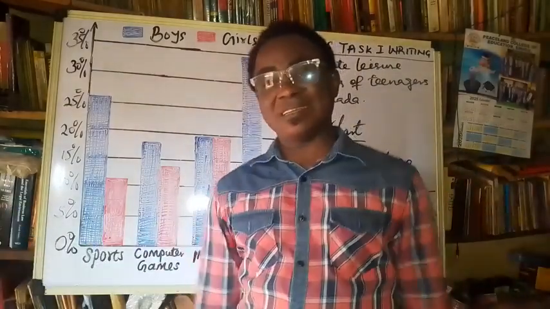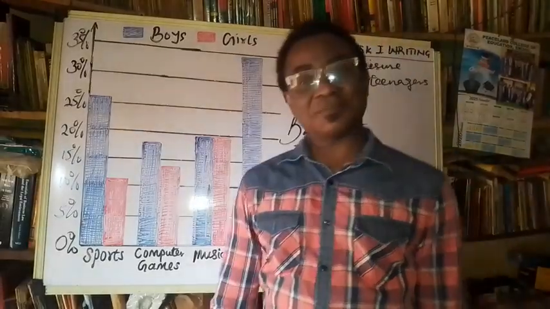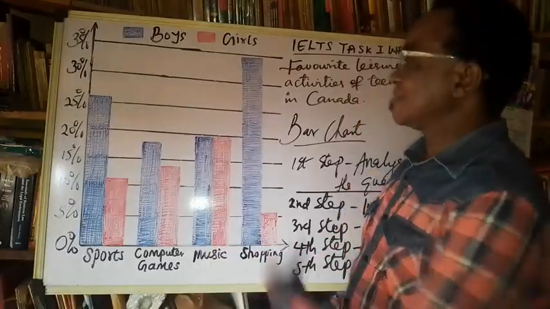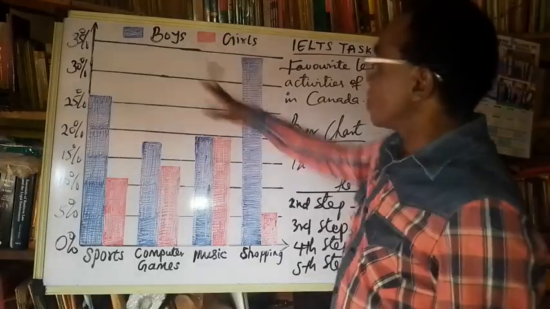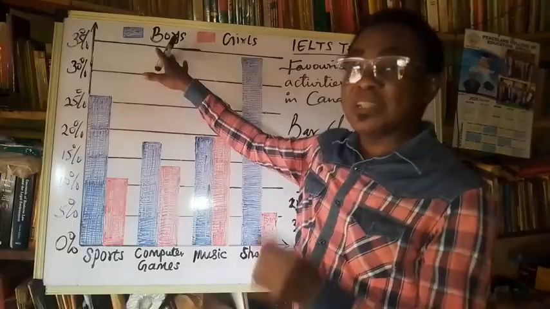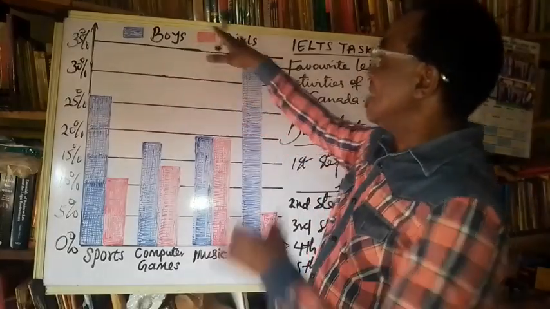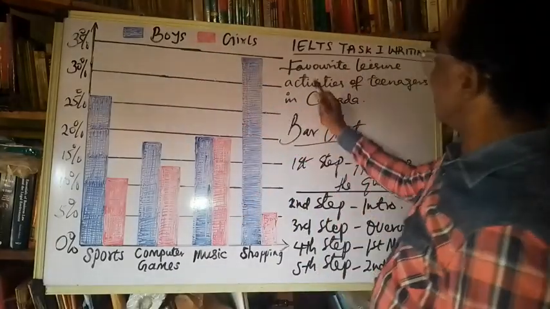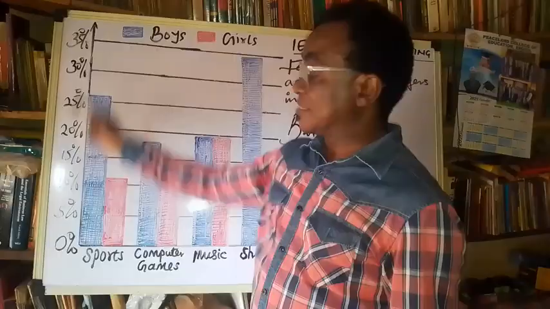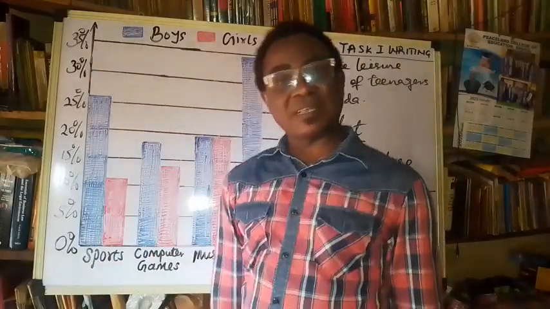The period of the study is not stated, so that is not necessary here. Now, the values representing the amount of leisure time that teenage boys and girls spend on their favorite leisure activities are represented in percentages from 0% to 35%.